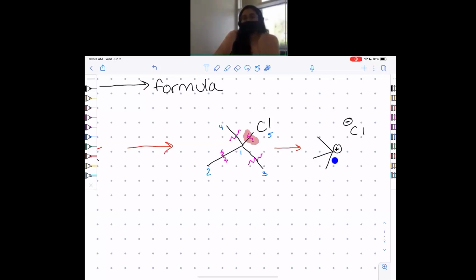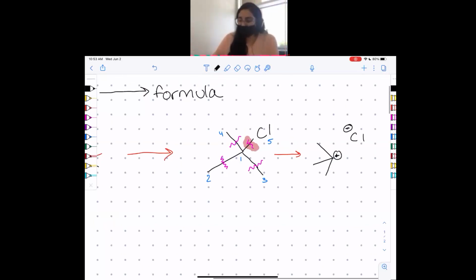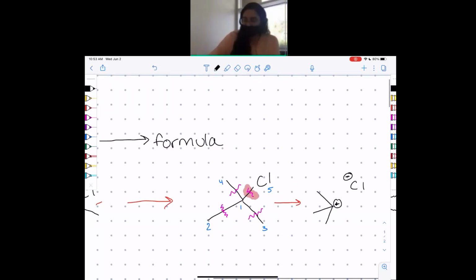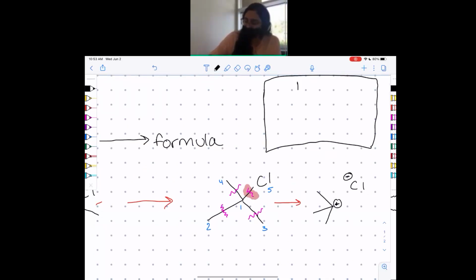And the reason is because we want to have the charge on a tertiary position, because tertiary is better at holding a charge than primary is, and secondary is. So something that you're going to need all semester, we'll write down right here.